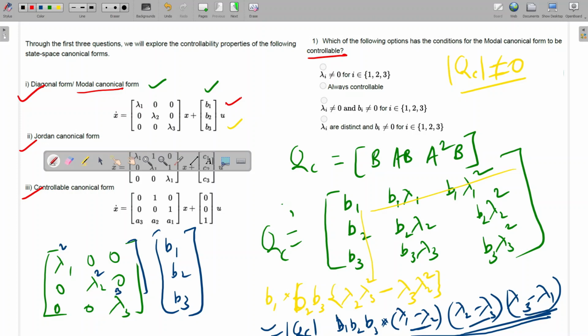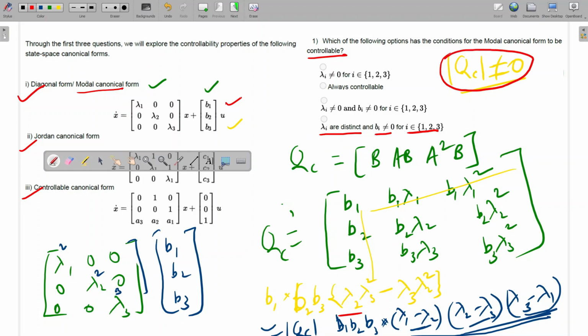And B1, B2, B3 should be non-zero, so Bi is not equal to 0 for i equal to 1 to 3. So this option is satisfying: lambda 1, lambda 2, and lambda 3 are distinct, meaning all the values are different. Then only this QC determinant will not be equal to 0, and our matrix will be in the controllable form.